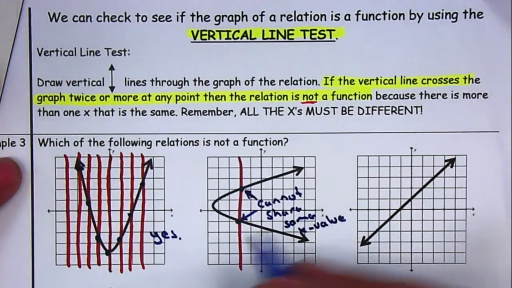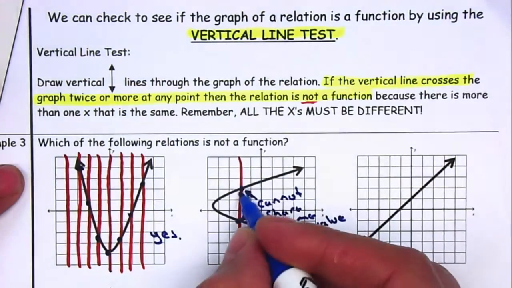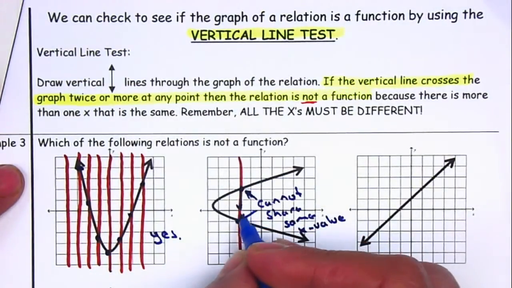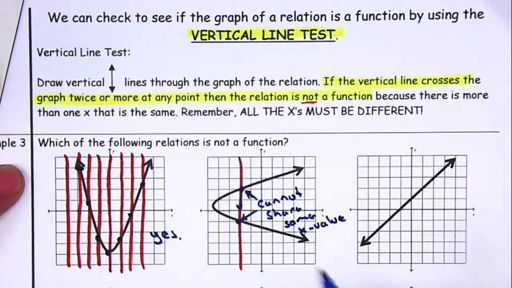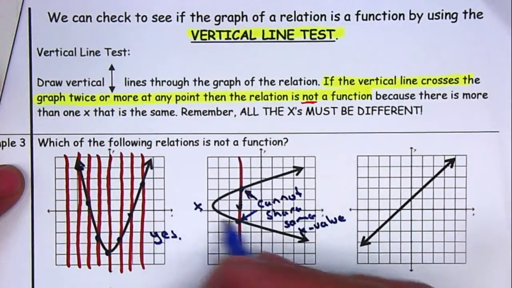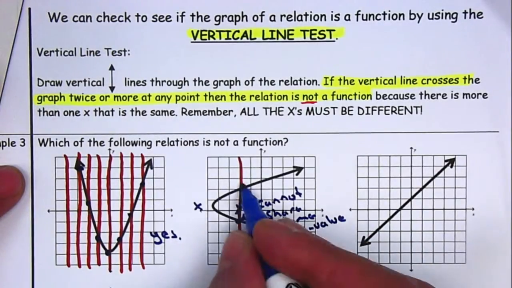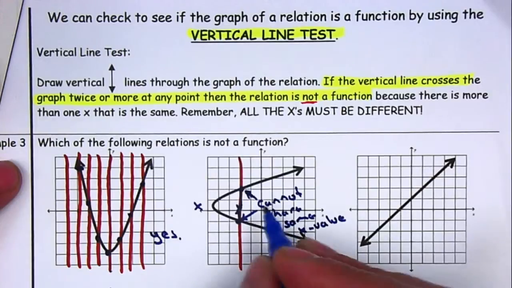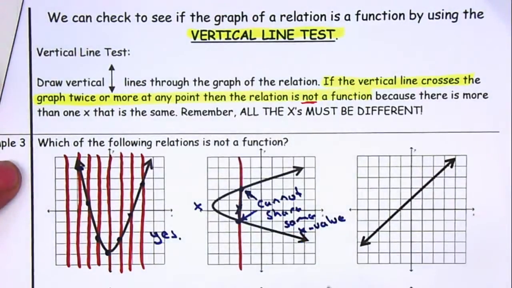So if you notice, they both are sharing this x value. They both are sharing the -2, right? Because it's the x-axis. So those 2 points cannot share the same x value. And you need to be able to write down an explanation on why.